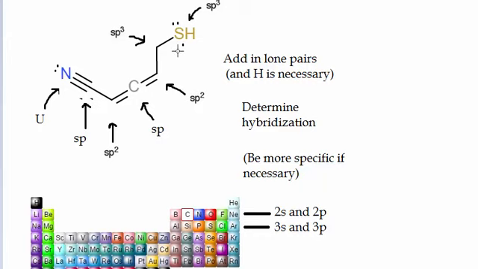In contrast, over here, you see that sulfur is in the third row, so its valence orbitals are going to be the 3s and the 3p. So we could really call this a 3sp3 hybrid orbital because it's mixing its 3s atomic orbital and 3 of its 3p atomic orbitals.